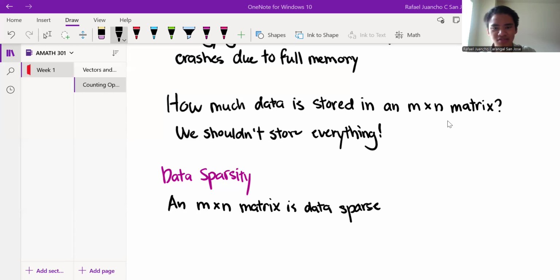So in a mathematical sense, it's data sparse if it is representable by much less than mn parameters.